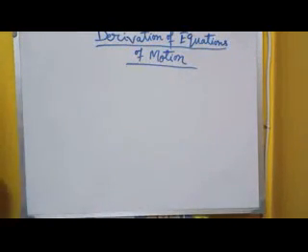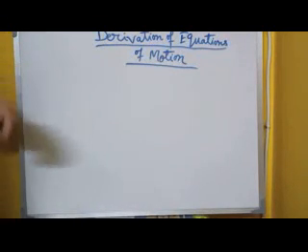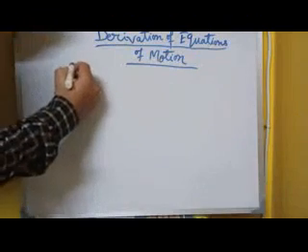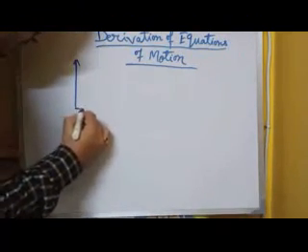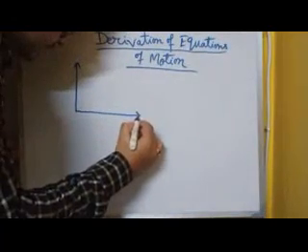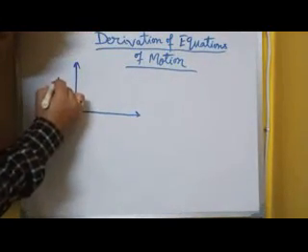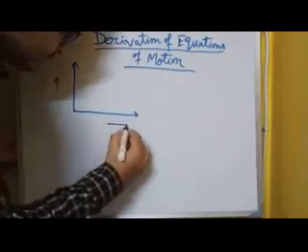Now we start the graphical proof of the equations of motion. How? This is velocity versus time.